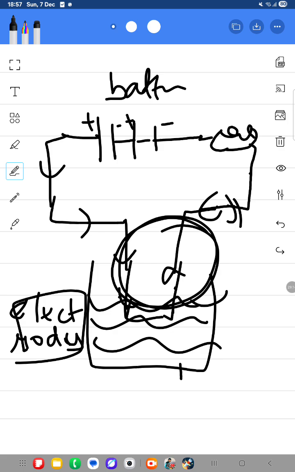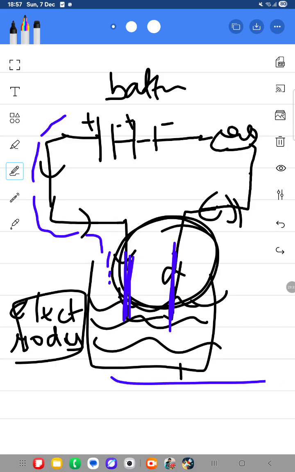Now we see that these two rods are not joined, meaning the circuit is open. Then how can electricity flow? If the circuit is open, the electricity will not flow.